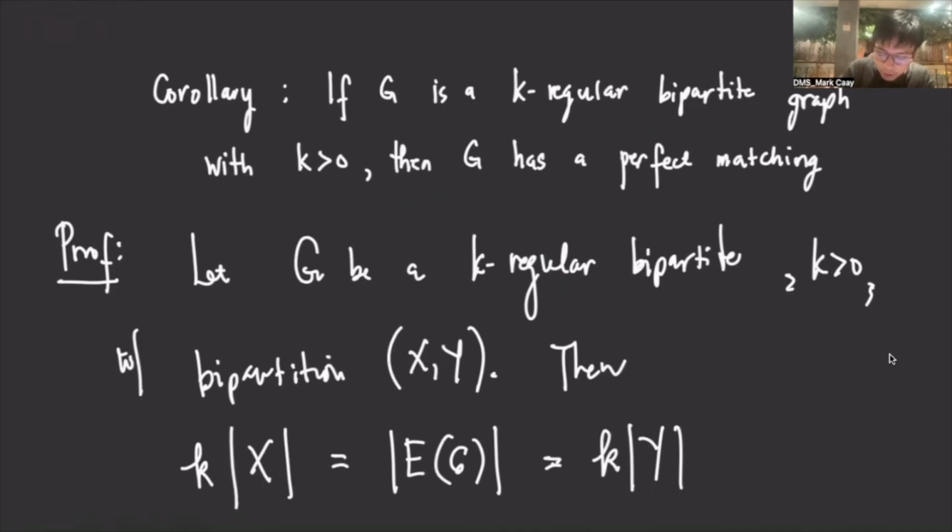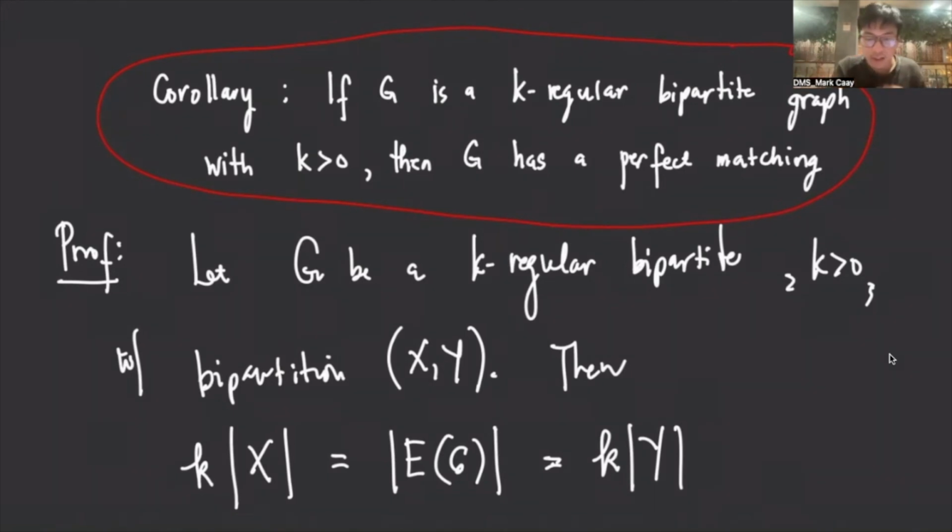So, if you look back, if G is a k-regular bipartite graph with k greater than 0, then G has a perfect matching. Actually, this corollary that represents the k-regular bipartite graph is a reflection or a model of the marriage theorem established by Hall in 1935.